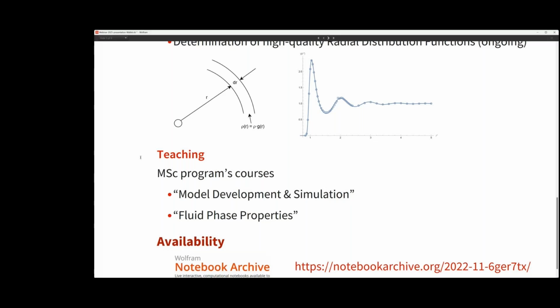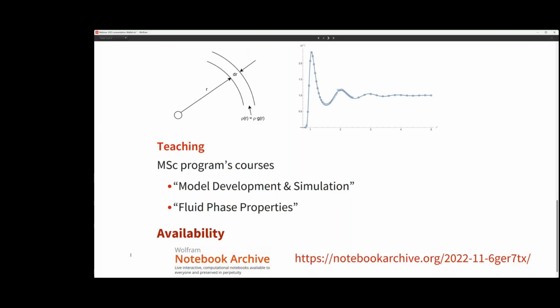And beginning with next winter semester, we will also use it in the lecture Fluid Phase Properties to demonstrate the estimation of physical property data using molecular simulation. By the way, the software package is available on the notebook archive hosted by the Wolfram Foundation, where we also provide updates on a regular basis.